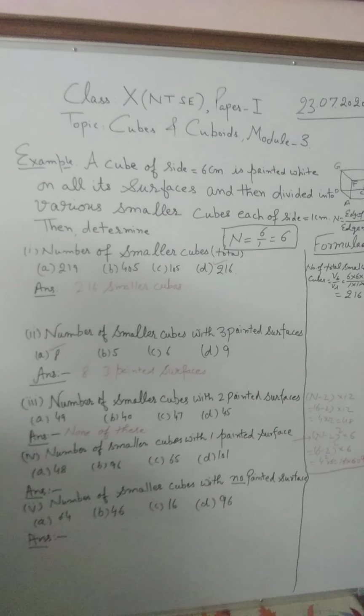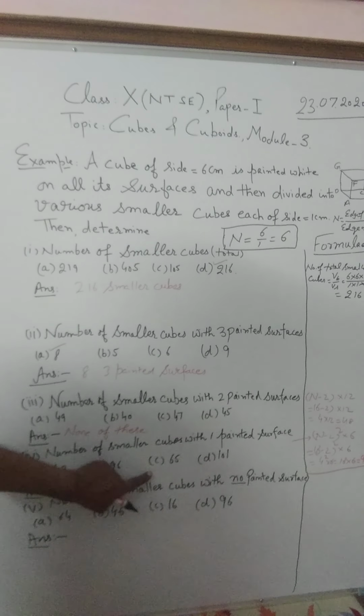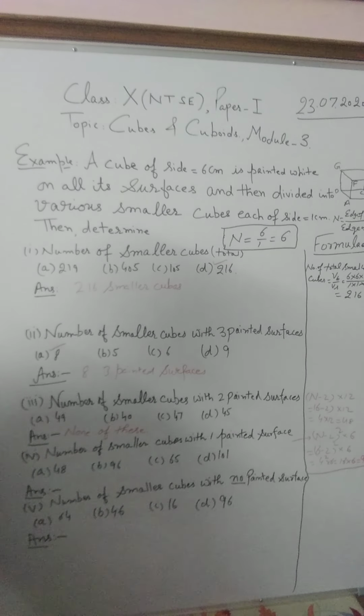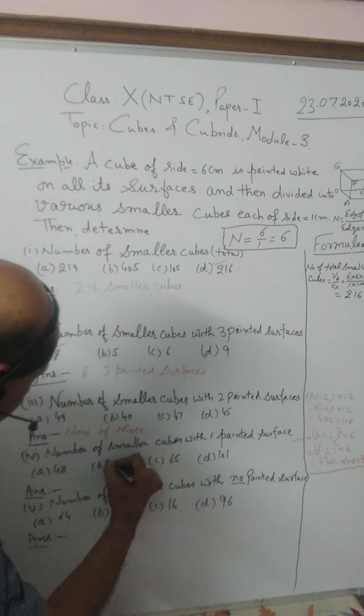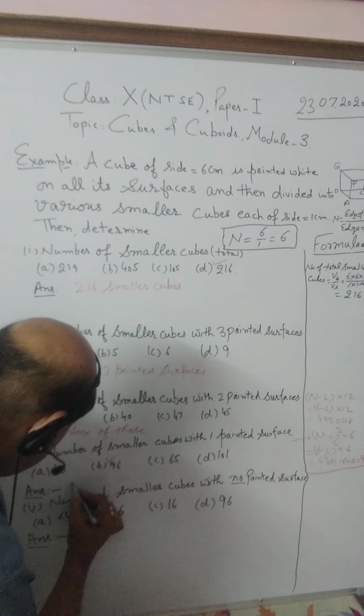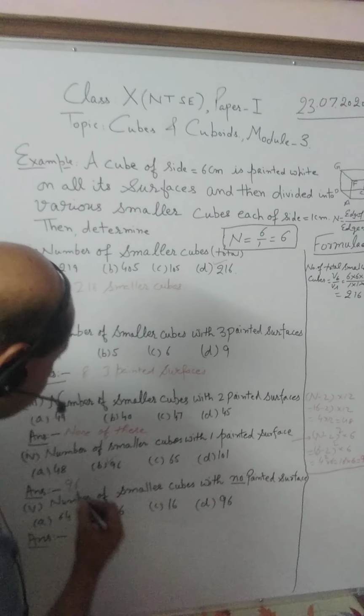So there are 96 smaller cubes. A 48, B 96, C 65, D 101. So our B option is correct, that is 96.